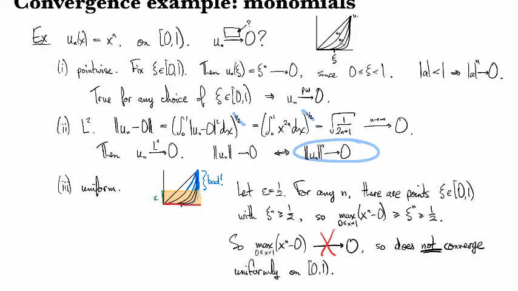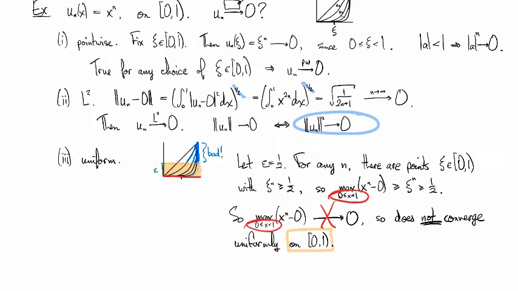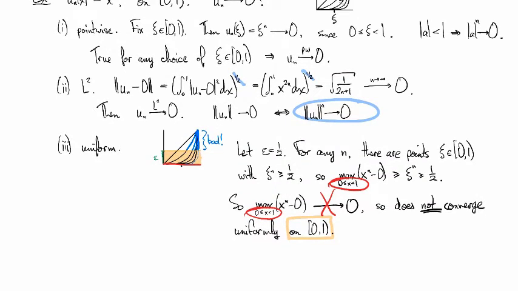Let me take this moment to point out that it is important to specify the interval when you're talking about uniform convergence. Uniform convergence is defined in terms of a particular domain. So when you talk about uniform convergence, you have to specify what domain the sequence is or is not uniformly converging on.